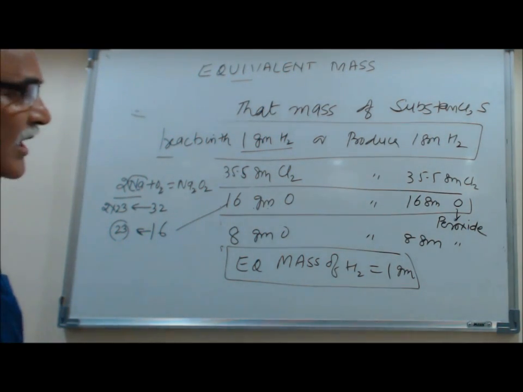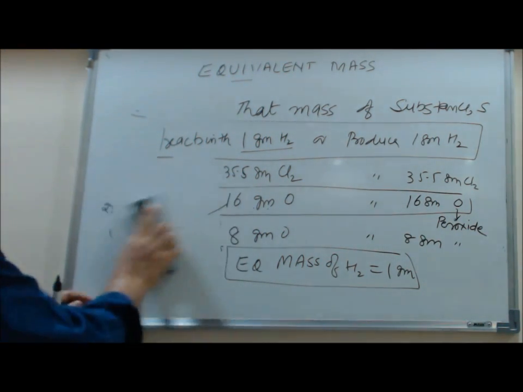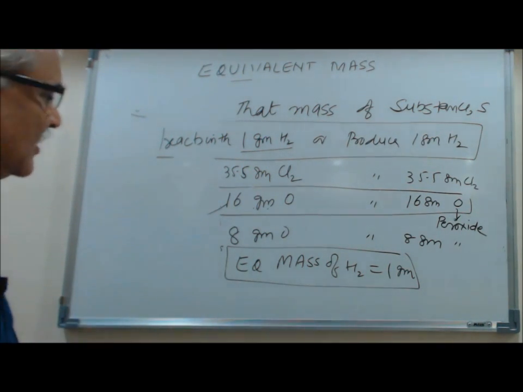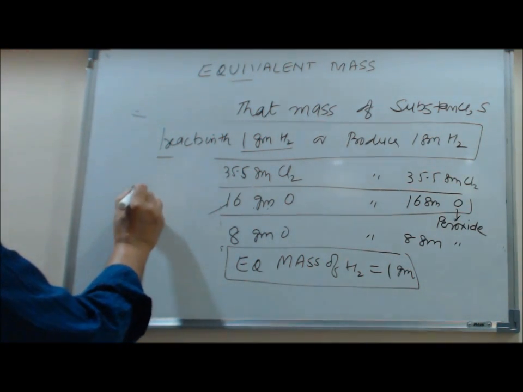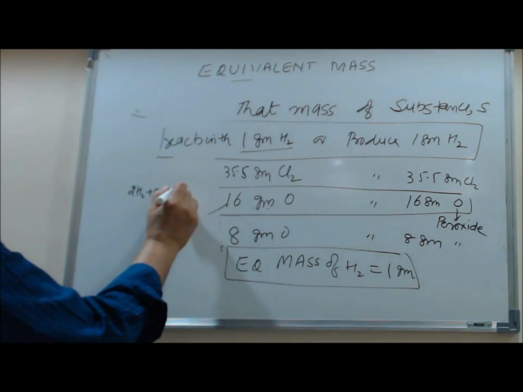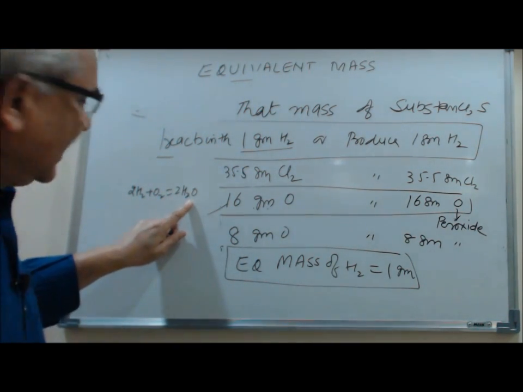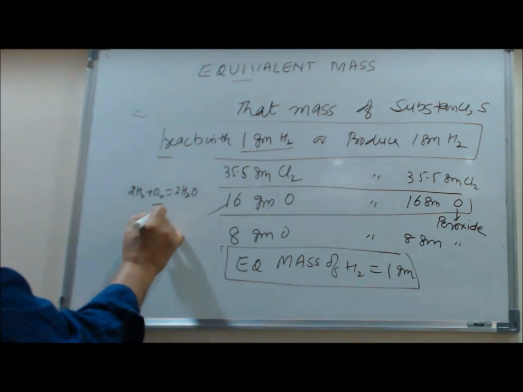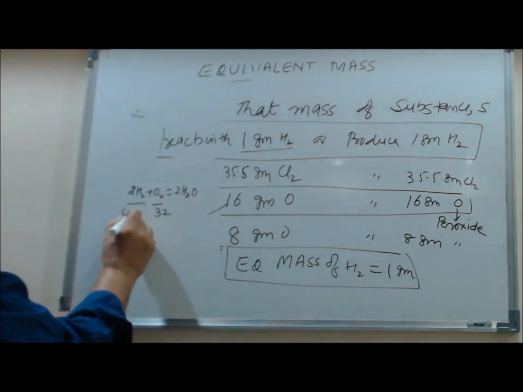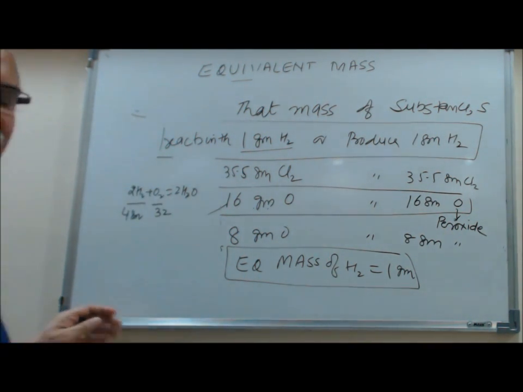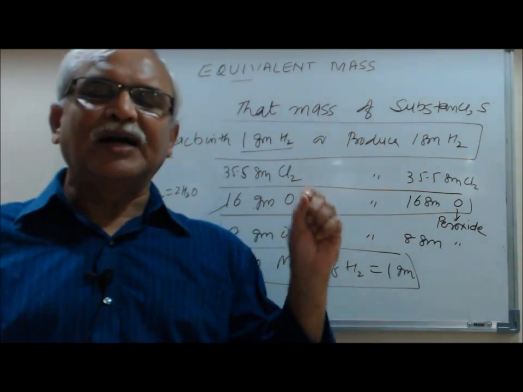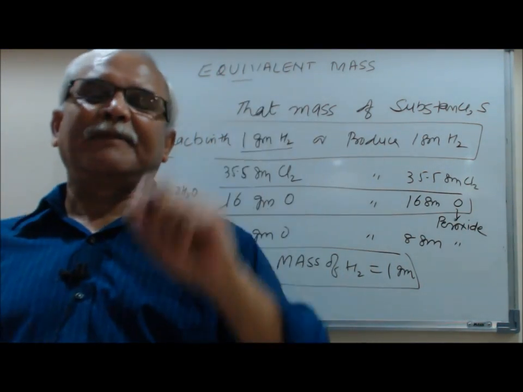But when the formation is oxide, again we know the famous reaction 2H2 plus O2 is equal to 2H2O. This is an oxide. Here we see that 32 grams of oxygen are reacting with 4 grams hydrogen. The equivalent mass of hydrogen is constant, it's always 1.